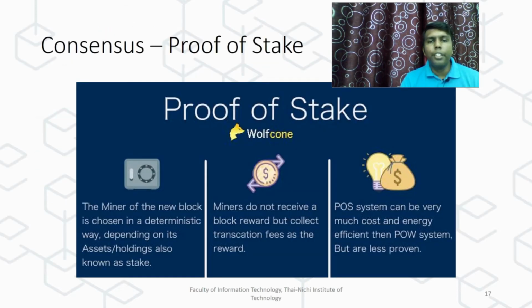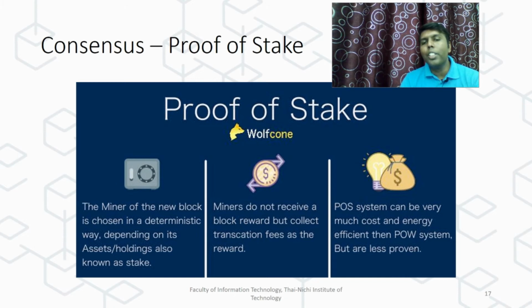Proof of stake. As I mentioned, the miner of a new block is chosen in a deterministic way depending on the assets or holdings, also known as the stake. How much he has mined and how much value of coins or cryptocurrencies he is owning, all these count to make him eligible to verify a block.